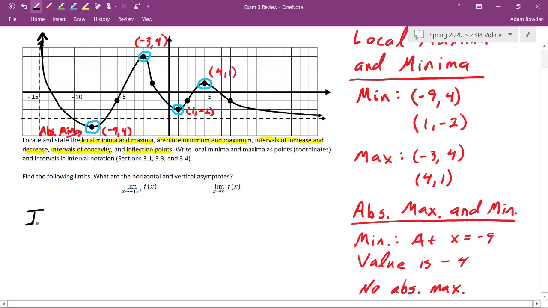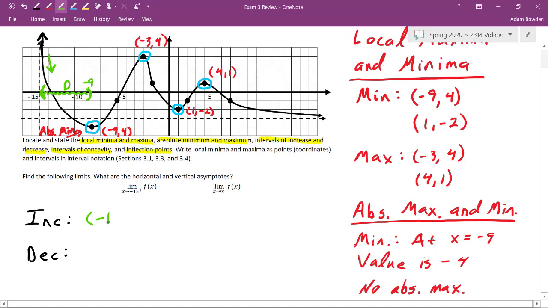Now the next thing we'll take a look at are the intervals of increasing and decreasing. So following along this graph here, we see it decreasing on this side, and it decreases all the way to -9 right there. So between -15 and -9 it's decreasing.